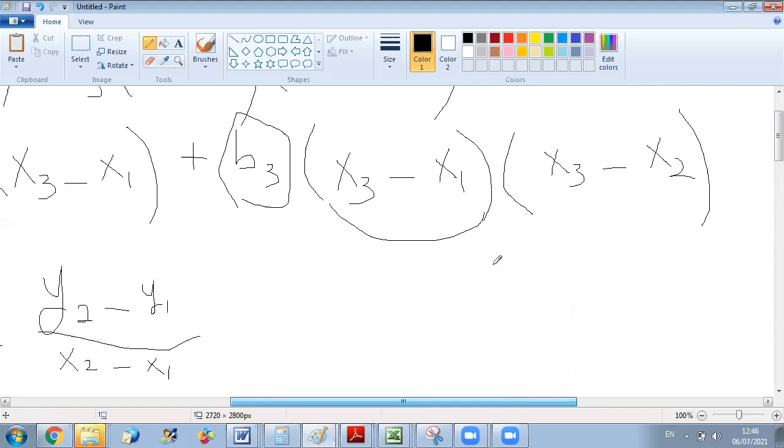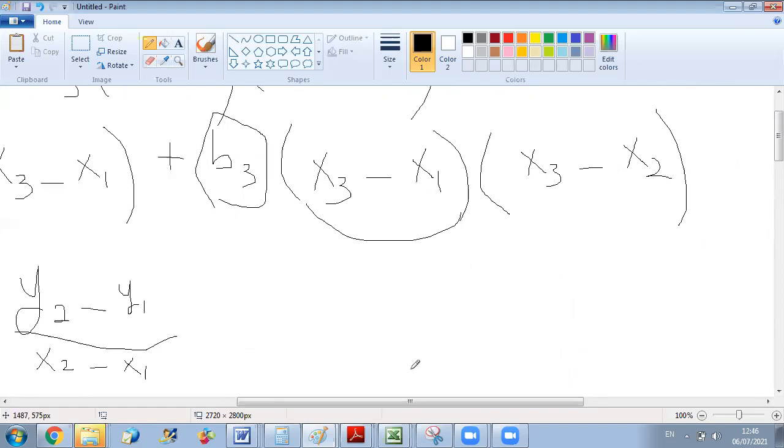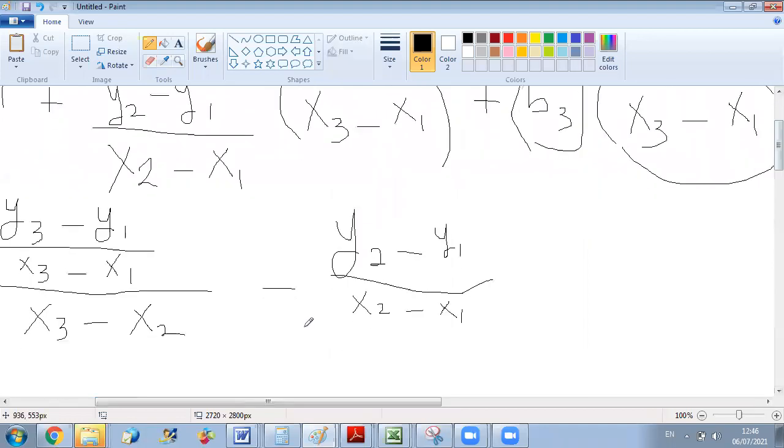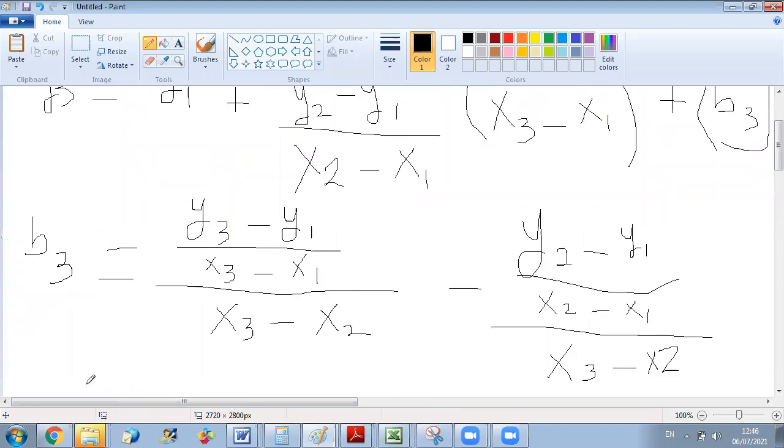And I will have over (x3 minus x2). Okay, so I can find in this way the value of b3.